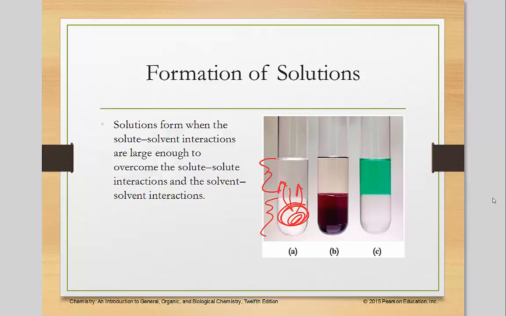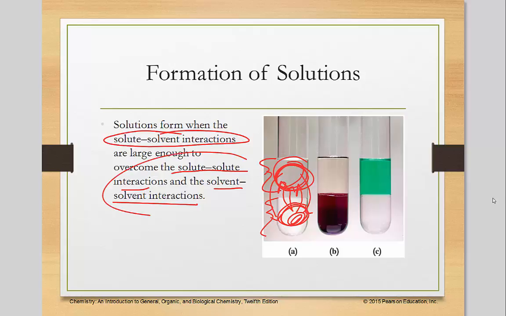The same goes for the chemicals up here: they're interacting, and those interactions have to break in order to interact with the things underneath. So the solute-solute interactions and the solvent-solvent interactions have to be broken. And the solute-solvent interaction, the particles that you're trying to mix together, has to be strong enough to overcome the initial attraction, to be able to break that.